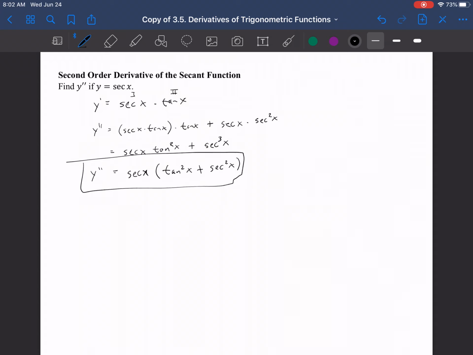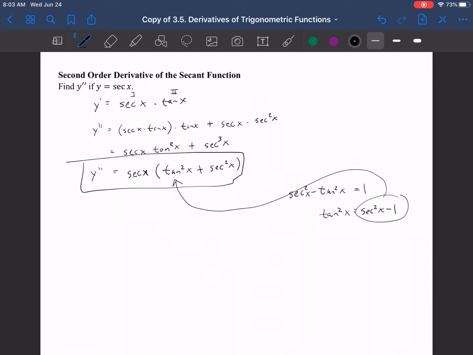Now, if you ever needed to, you can use one of our trig identities, secant squared x minus tangent squared x equals 1, one of our Pythagorean identities. You can use that where you could do something like tangent squared x equals secant squared x minus 1, and you could substitute that in for tangent and get this in terms of nothing but secants if you wanted, or if you needed to for some reason. So be sure to go through and do that if you need to.